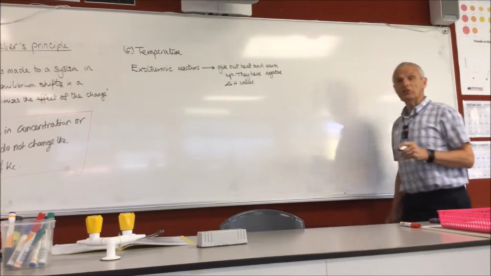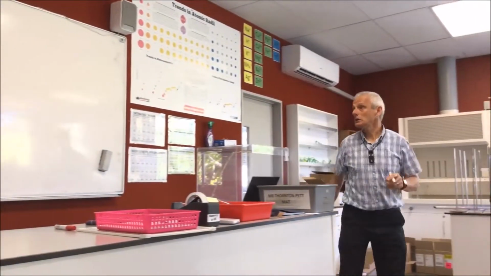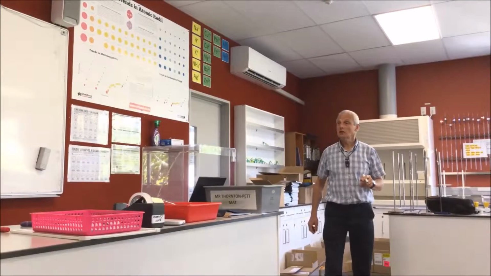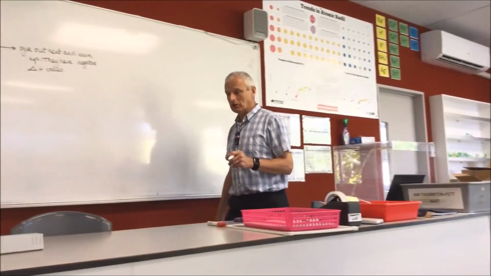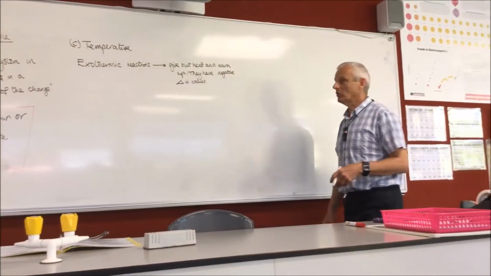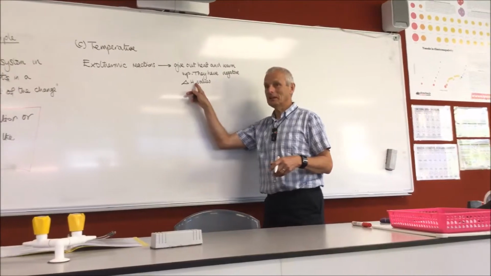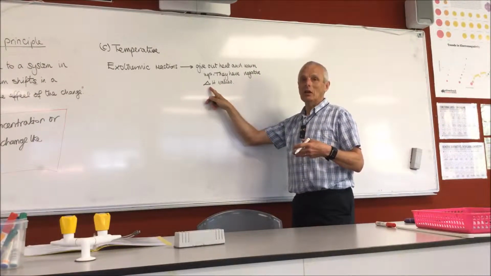Now, I've just added an extra thing there, that funny looking symbol. That's a triangle, which means delta. Capital Greek letter delta, and it means change. So that's a change in heat energy. It's the change in enthalpy, and we'll deal with that later.